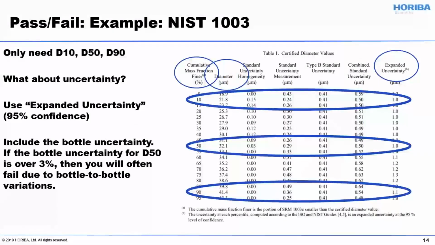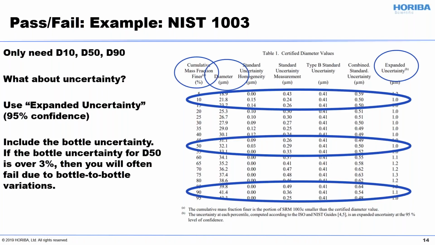So what is this certified range of values, and how do I think about using this 3% on D50? Well, on your right, I show the certified diameter values off of the NIST table. You'll see similar tables from Whitehouse. And I'm really interested in 3 columns: the mass fraction, diameter, and expanded uncertainty.